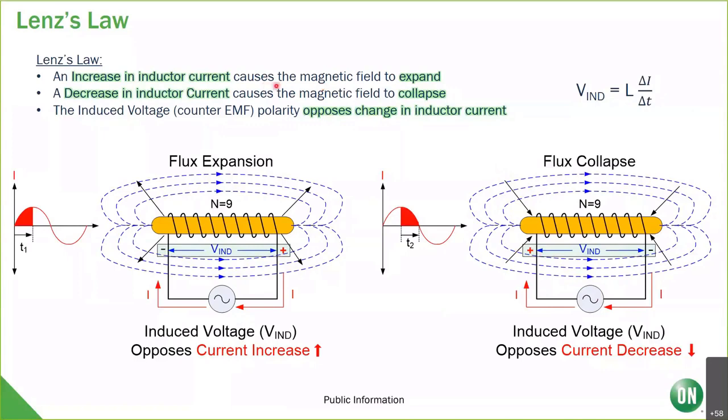So an increase in inductor current causes the field to expand, and a decrease in inductor current causes the magnetic field to collapse. And the induced voltage, or the counter EMF polarity, opposes the change in the inductor current. You'll note that the current is always going in the same direction, whether it's collapsing or expanding, but the polarities do change when the field is collapsing versus expanding.